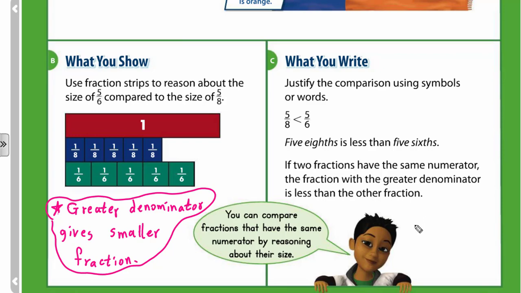Okay, this is my question. 1/3 is less than what? What should I write in this space? If you have the answer, just say your name.